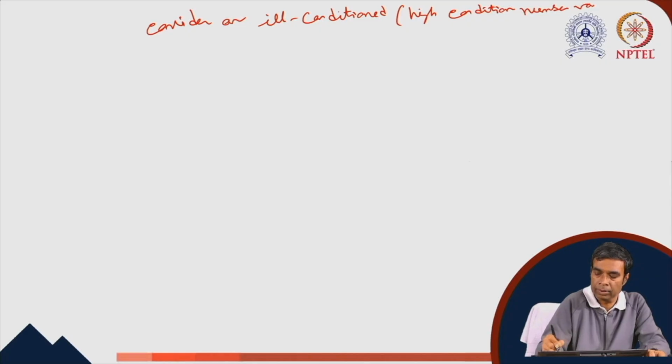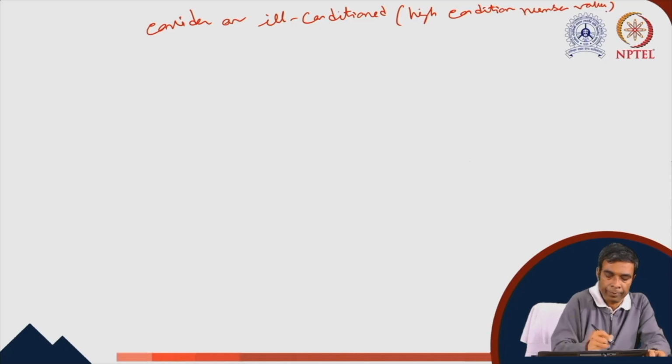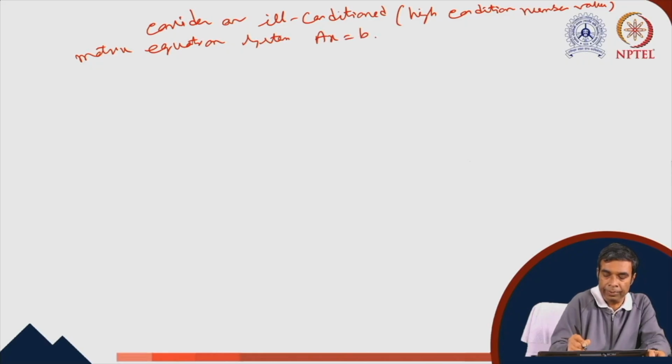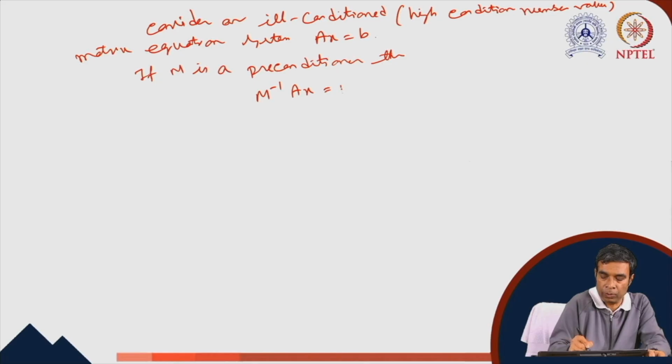If M is a preconditioner, then M inverse Ax equals M inverse b.